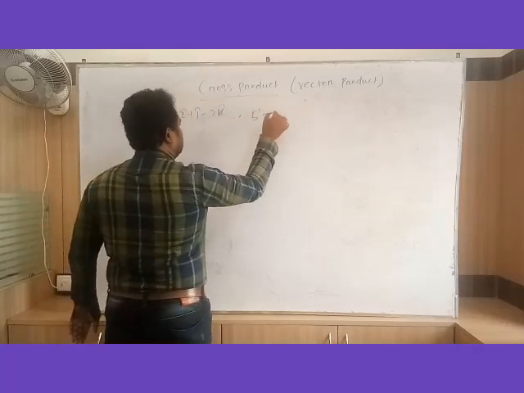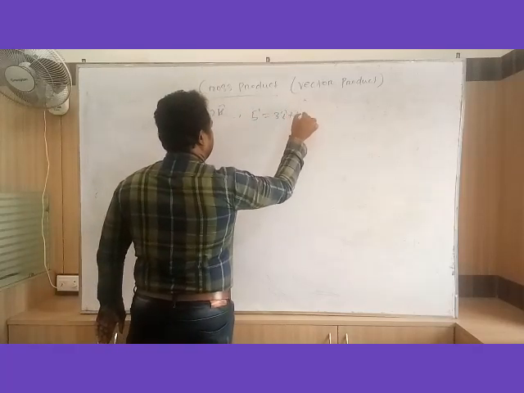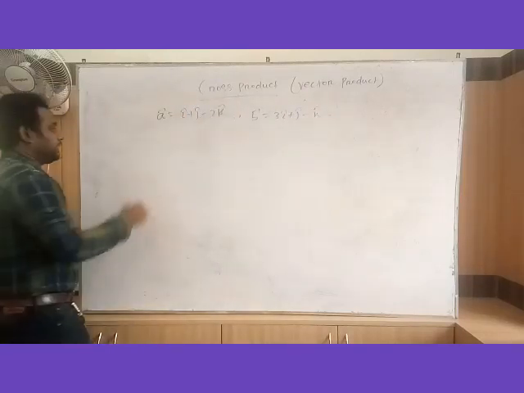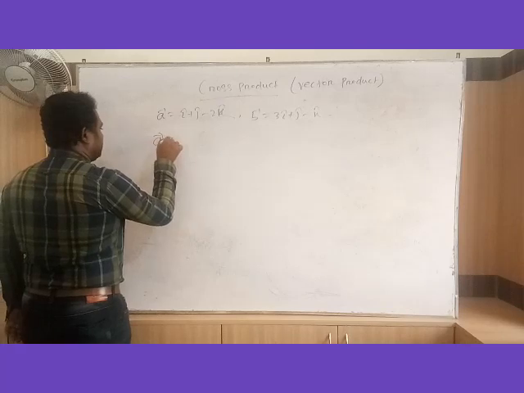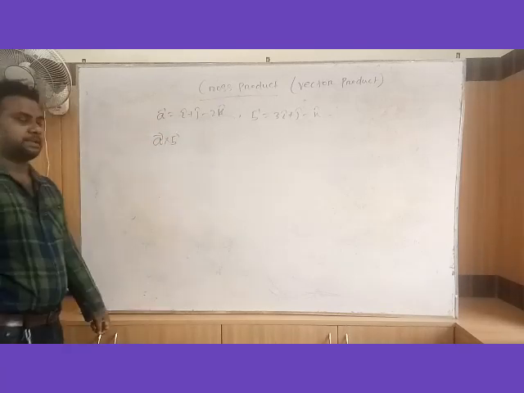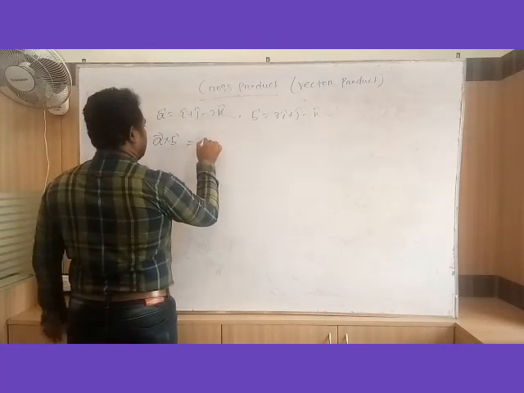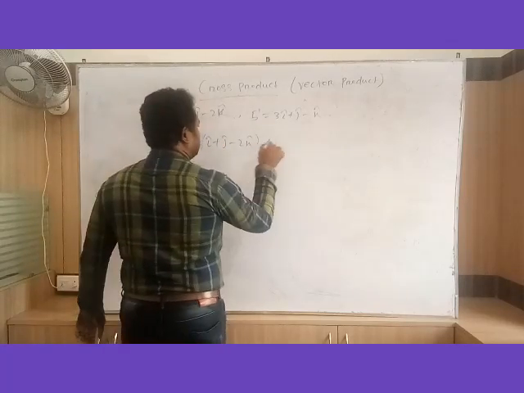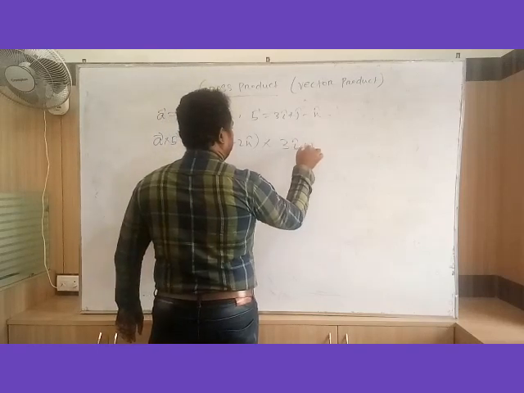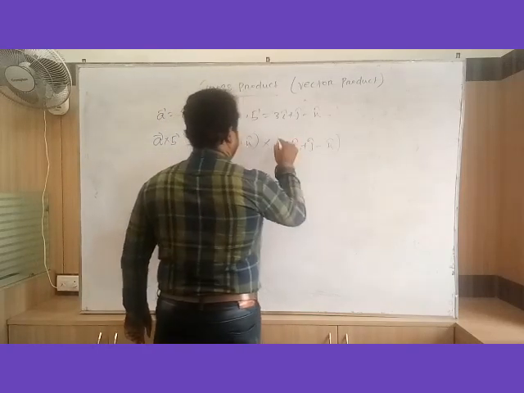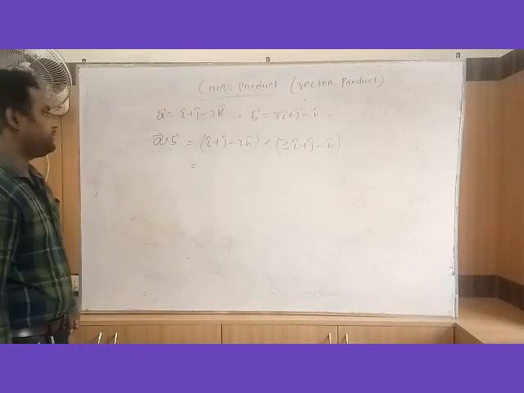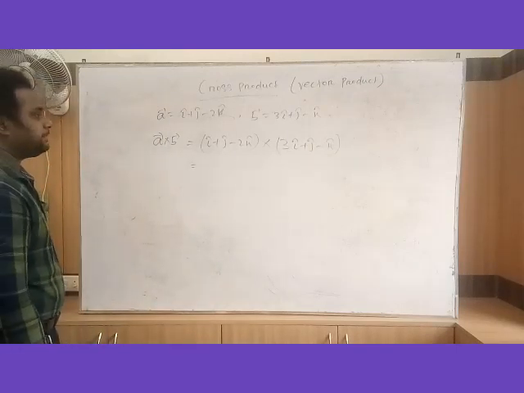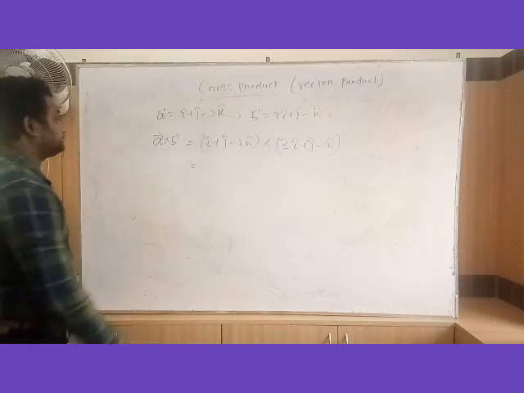B vector equals 3i cap plus j cap minus k cap. So now we have to find A vector cross B vector. That means (i cap plus j cap minus 2k cap) cross (3i cap plus j cap minus k cap).